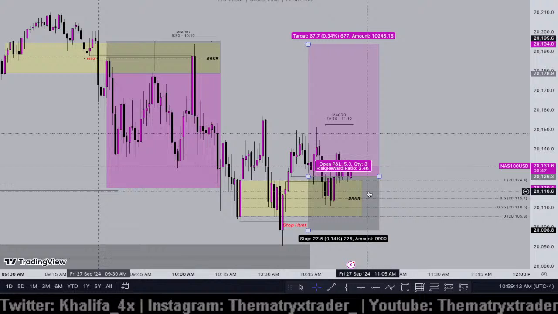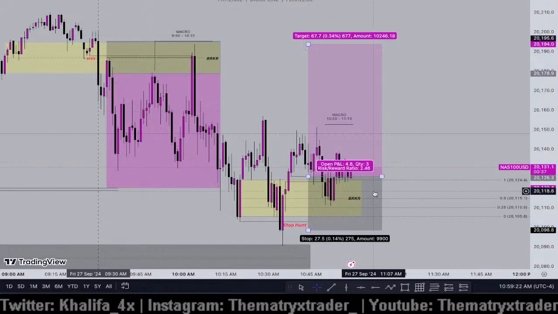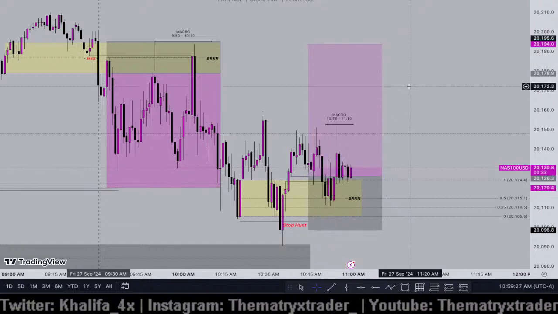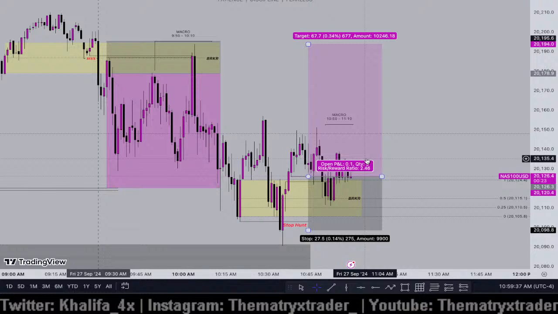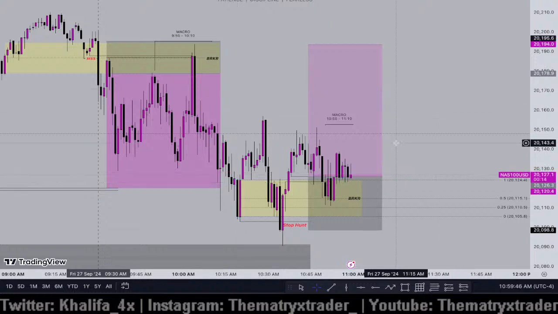Okay, 11:10. This will be our range. Now, how can we reduce our risk to reward? By taking entry from the start of this breaker. Let's have a look.